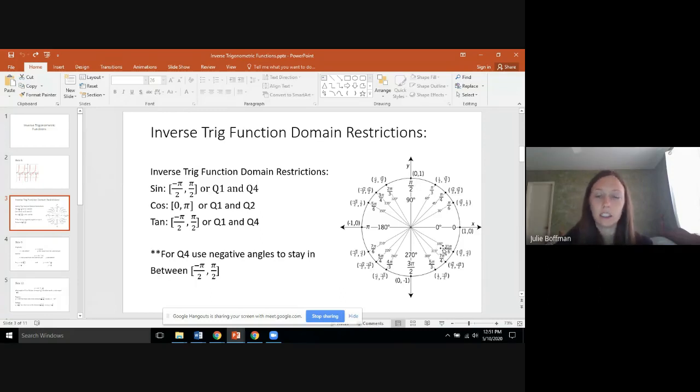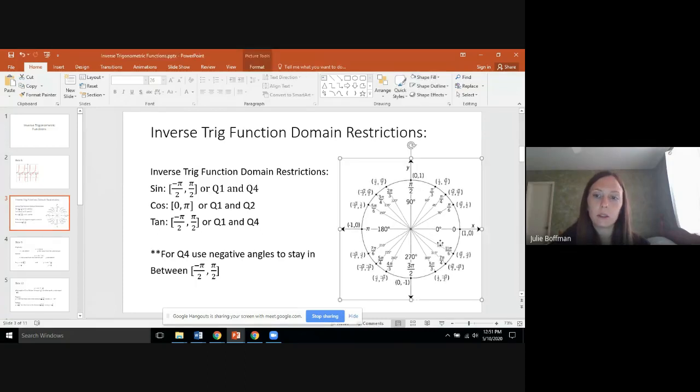Well, 330 degrees doesn't fall between -90 and +90. So instead of using these positive angles, because we went down to make this -π/2, we're going to use the negative version for all these angles in quadrant 4. So instead of 330 degrees, we went down 30. So that would be -30, or -45 degrees, or -60 degrees.